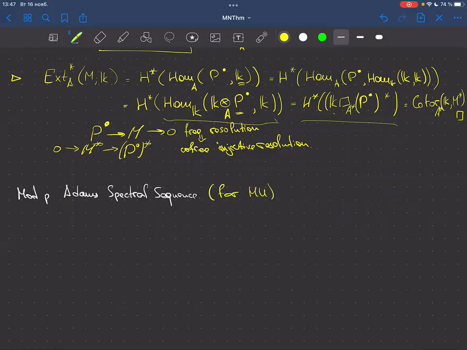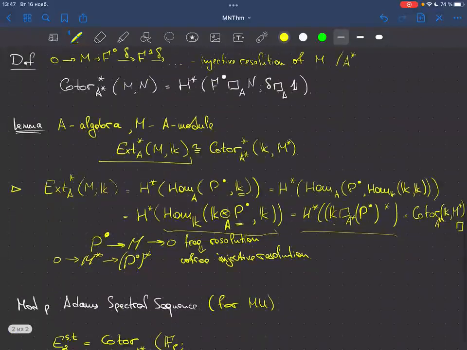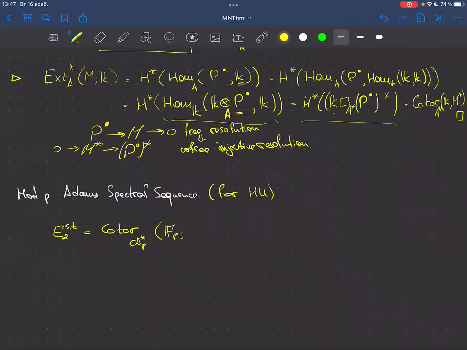So we have E2 st is Cotor over A star of F_p to H lower star of MU with F_p coefficients, and it converges to pi_{t-s} of MU.